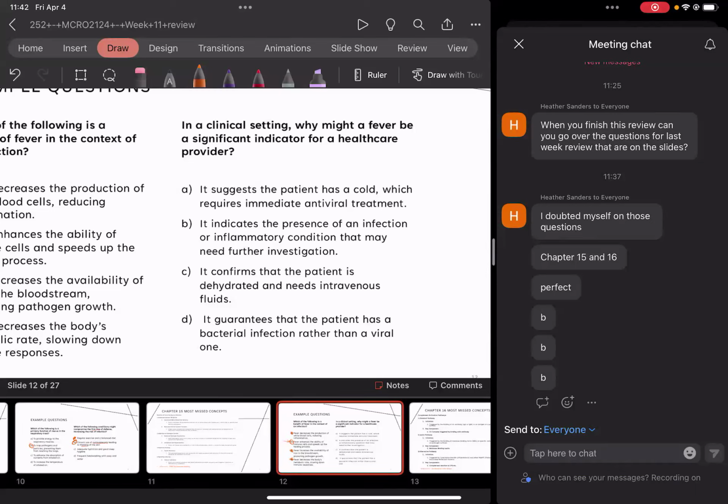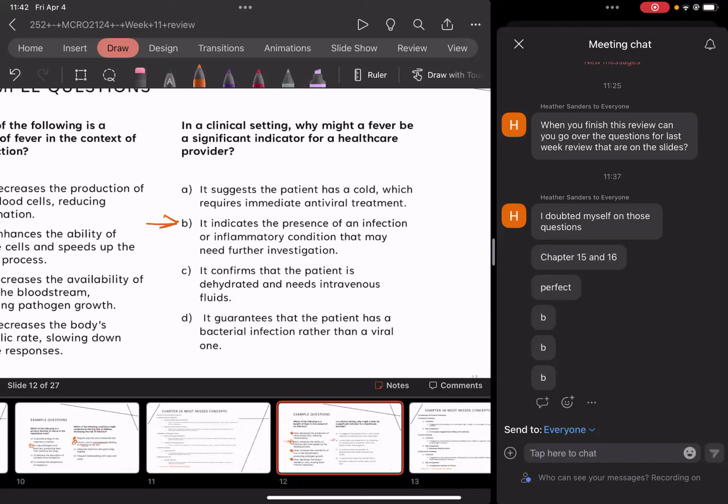Does fever indicate the presence of an infection or inflammatory condition that may need further investigation? Fever is a general indicator of something going wrong. Fever doesn't suggest a cold specifically, right? That's the difference here. It indicates that there might be an infection or an inflammatory condition, but we should figure out what's going on with that. That's why B is probably our right answer.